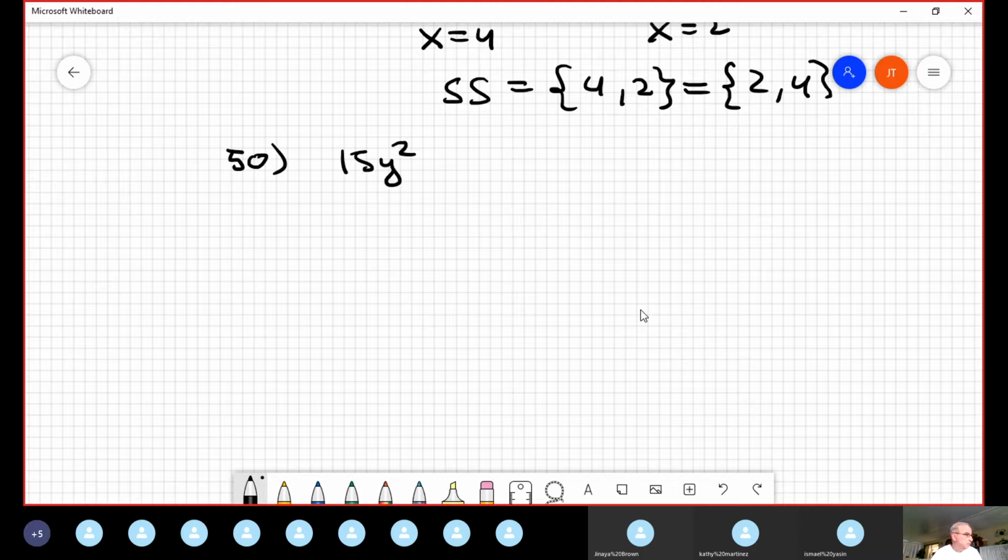15y squared plus 22y plus 8 equal to 0. What do you think about that trinomial? Is it special or regular?